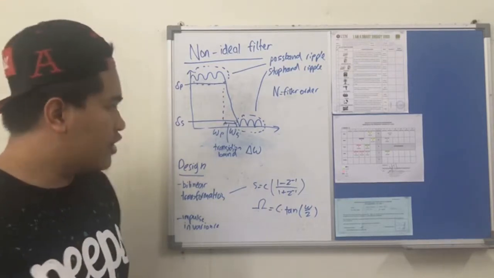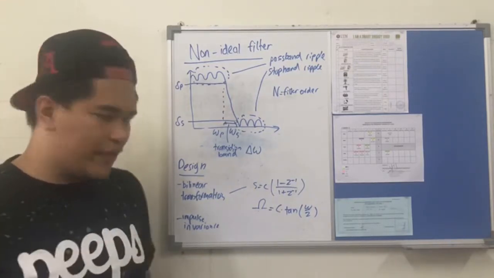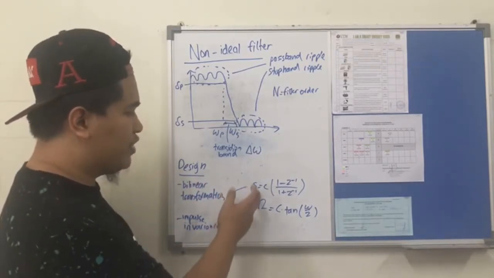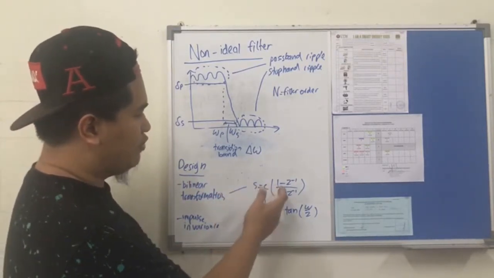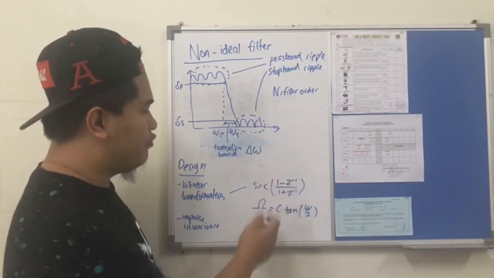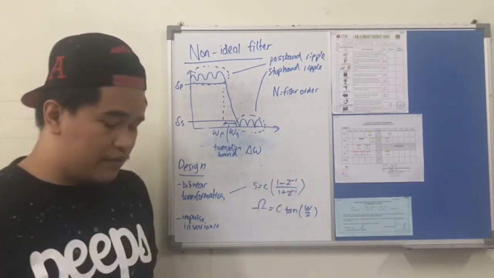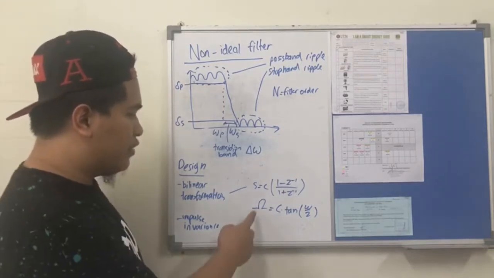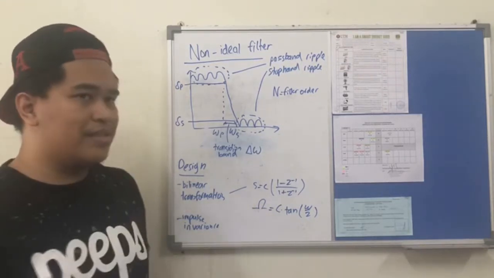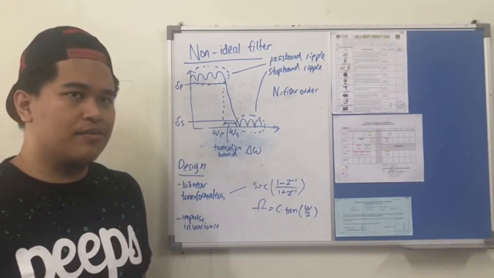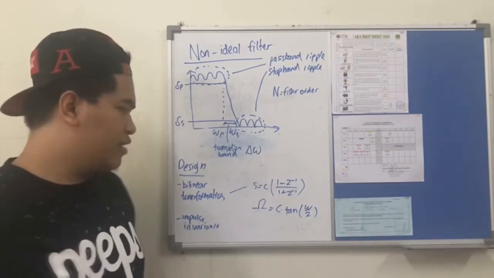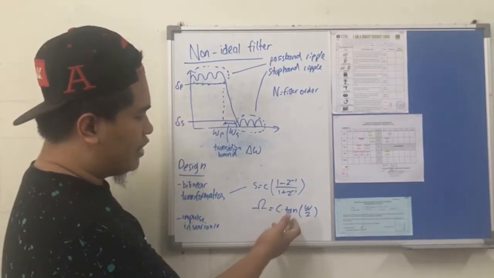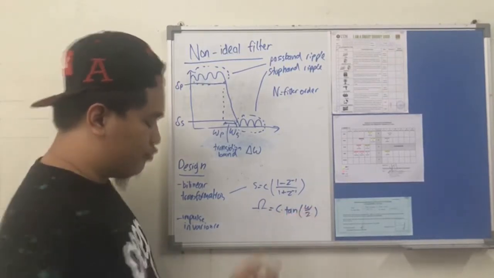In a bilinear transformation, we use this equation where we transform s into c times (1 minus z to the power of -1) over (1 plus z to the power of -1), where the omega, which we call the analog frequency, is given by c times tan of omega over 2.